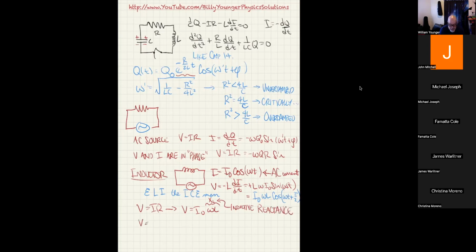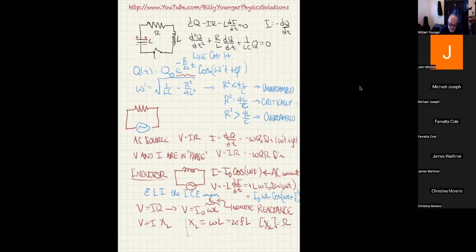So V is equal to I times XL, where XL is defined to be omega times L, which can also be written as 2 pi f times L. And by the way, XL has units of ohms.